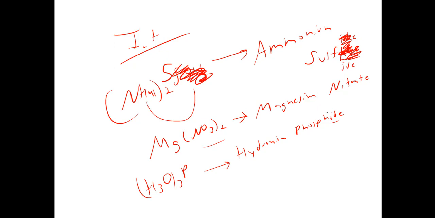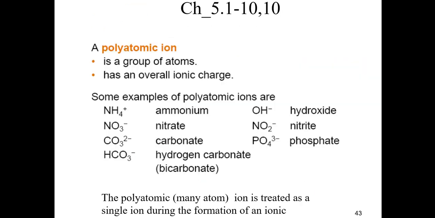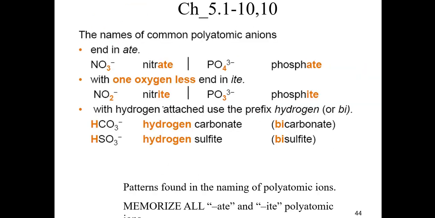Careful, if I had put PO4, then that'd be a phosphate. Having memorized these polyatomic ions, you should be okay. Now there are little patterns, but I would not rely on these patterns because there are a bunch of exceptions. So be careful on that.